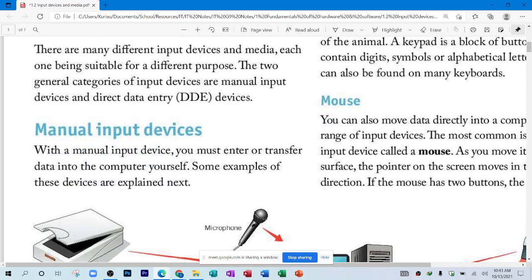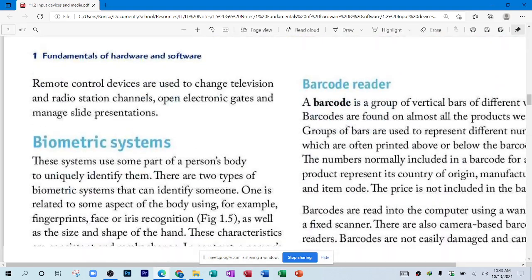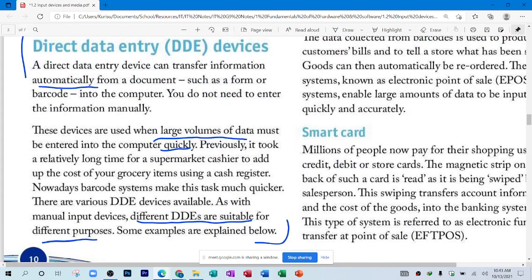The direct data entry device is basically going to do the opposite. It's going to enter your data automatically for you. So instead of you manually typing in the data or manually selecting all of the data, it is going to collect all of that data and input it automatically for you.